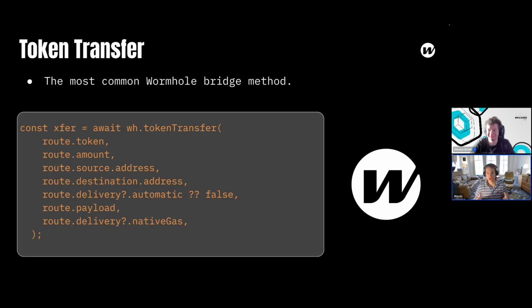This would be if you're calling a contract and you need to provide some data to the contract that you want to call. If you are calling a contract, you're typically going to need to provide some sort of data, even if that function doesn't have parameters, you still need the function selector to say, hey, what method do you want to call? If you're just bridging a token, though, that might be empty, and that is fine.